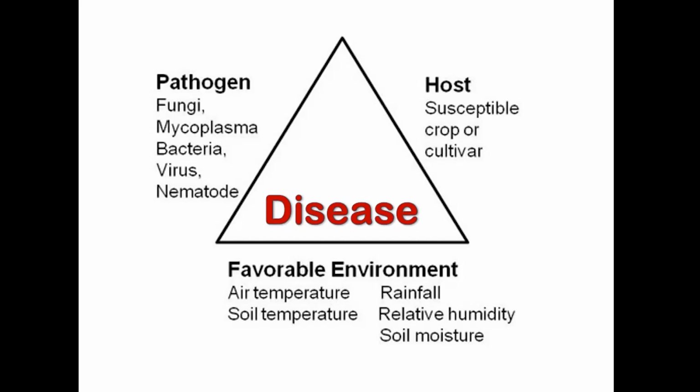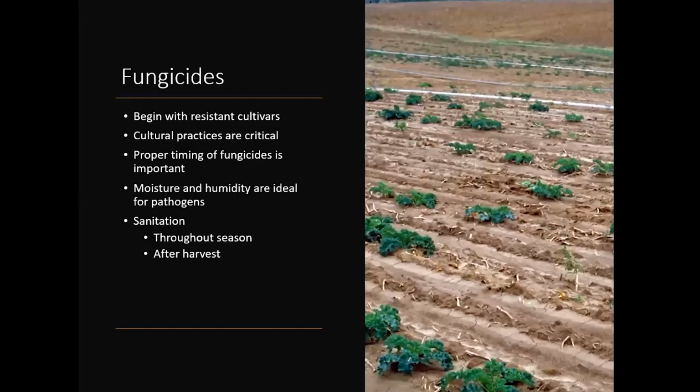Use crop timing to have the susceptible tissues coming in at different times than the pathogen. And finally, your environment: moderate temperatures and free water, humidity below 70%, so you are keeping the environment not conducive for infection and sporulation.